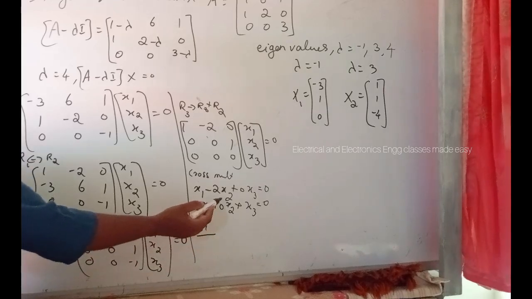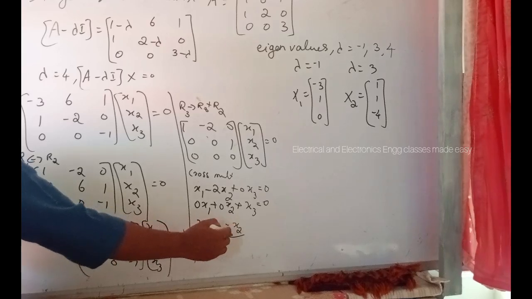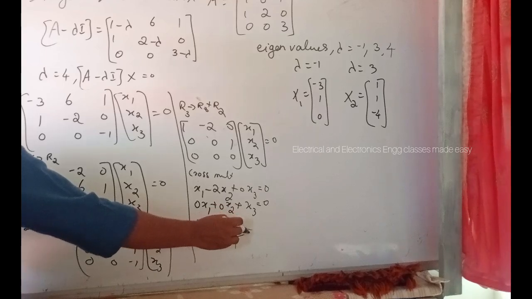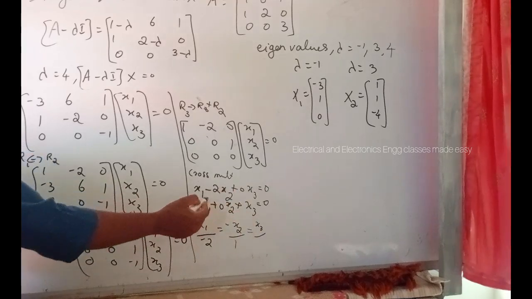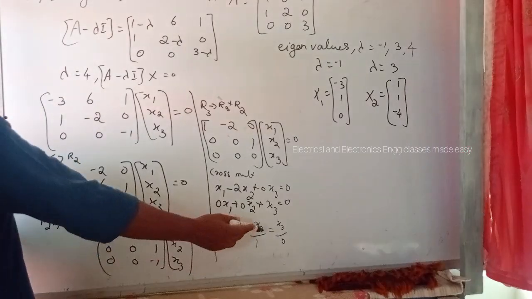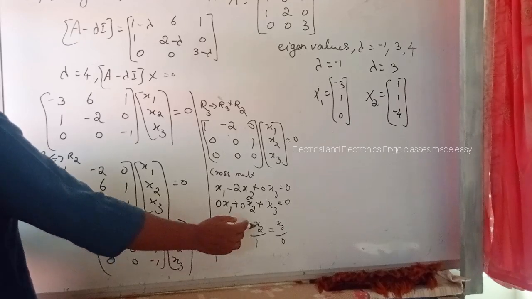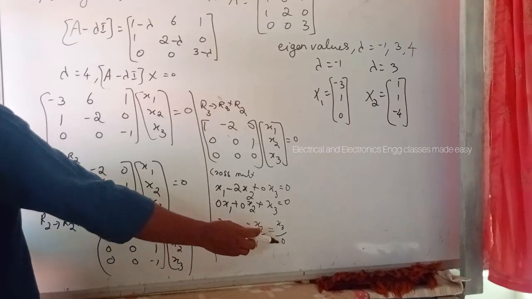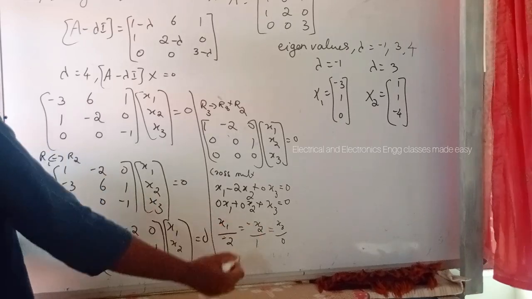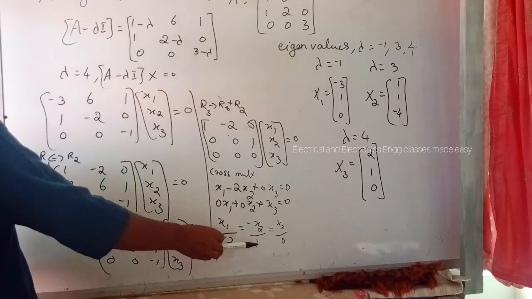So x1 divided by minus 2, equal to negative x2 divided by 1, equal to x3 divided by 0. And also here we can multiply with negative, so here we will get plus 2 and here we will get plus 1, because this is also 0. So the eigenvector is 2, 1, 0, after multiplying with the negative 1. So x equals 2, 1, 0.